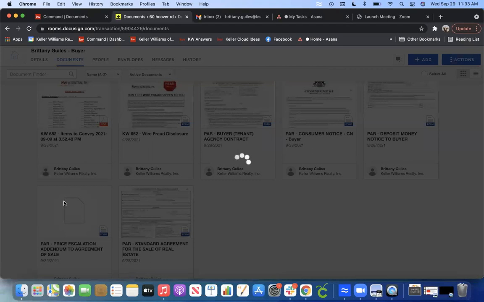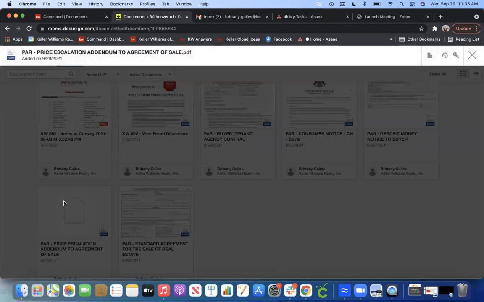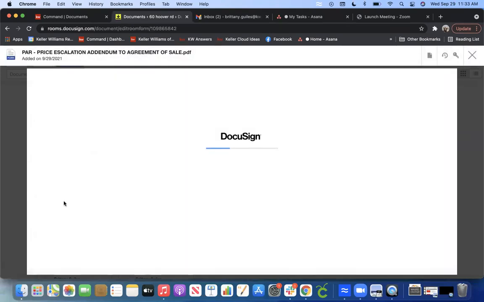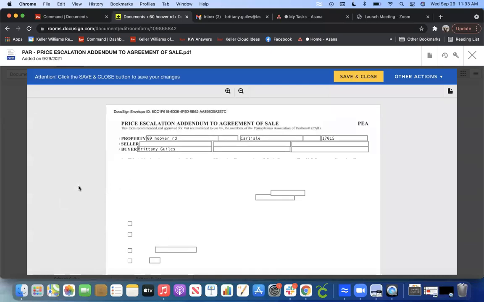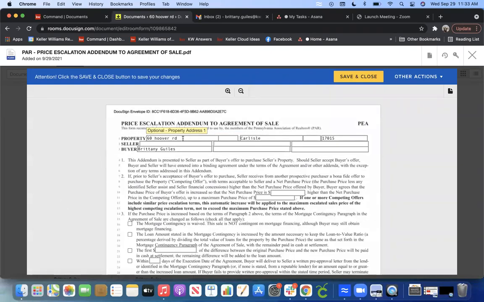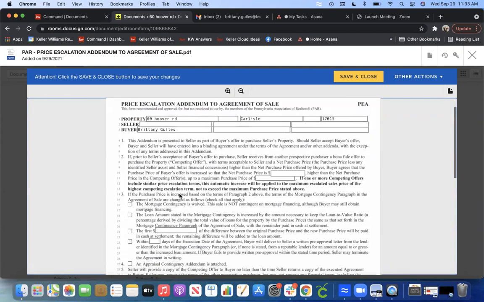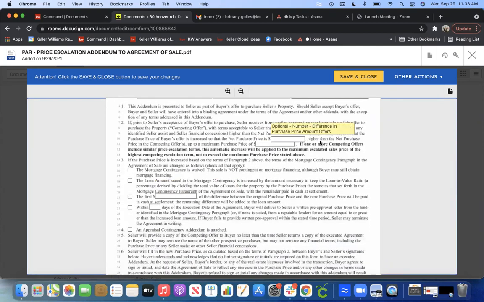When I open the agreement, now remember it's an addendum to the agreement, it'll have the address up top of the home that the buyer is purchasing, seller info, buyer info. This is the most important part here, number 2.